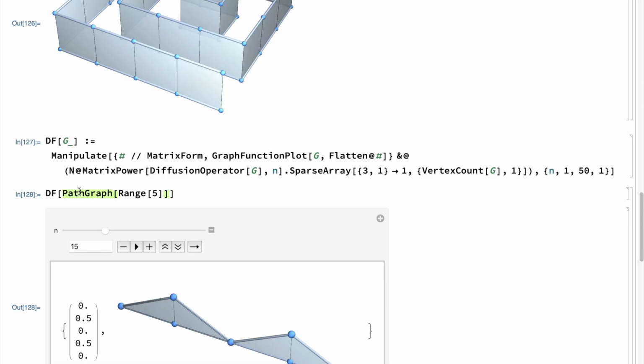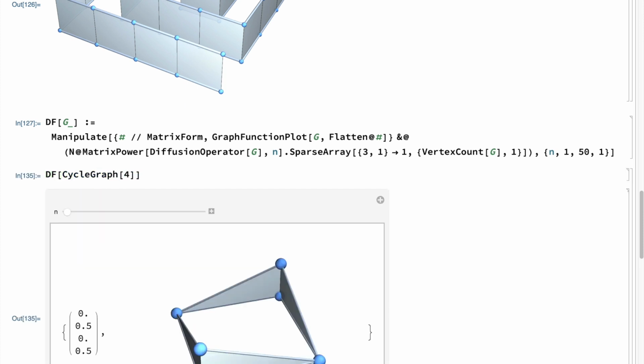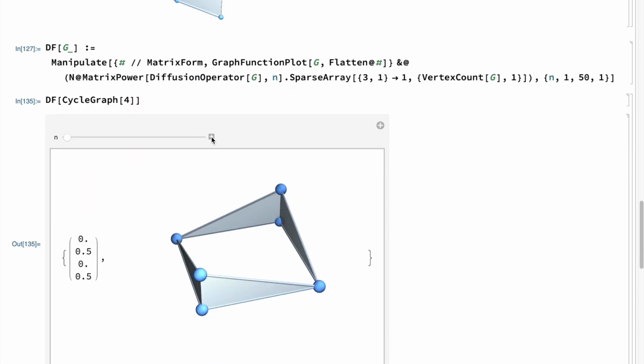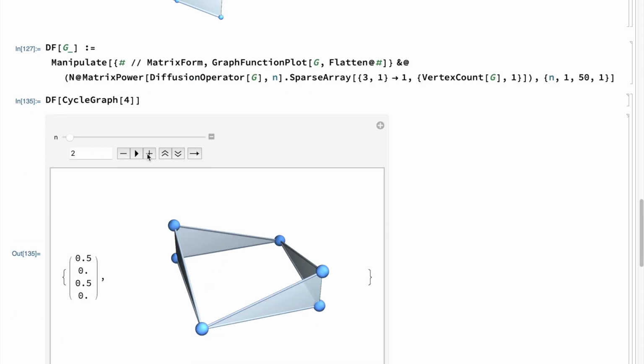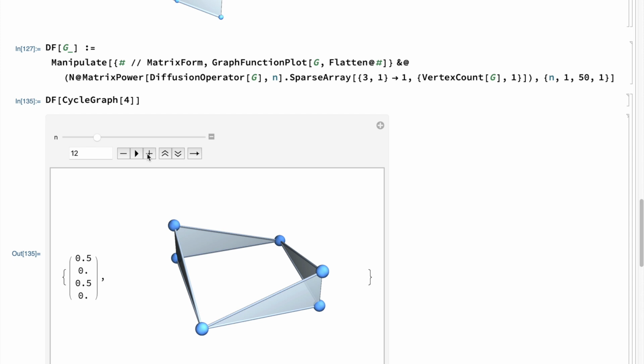Now let's look at this again for our other graphs. Diffusion on the cycle graph with 4 vertices. Here's what happens when I start. And you can see that again, with raw diffusion, we have the same even-odd problem.